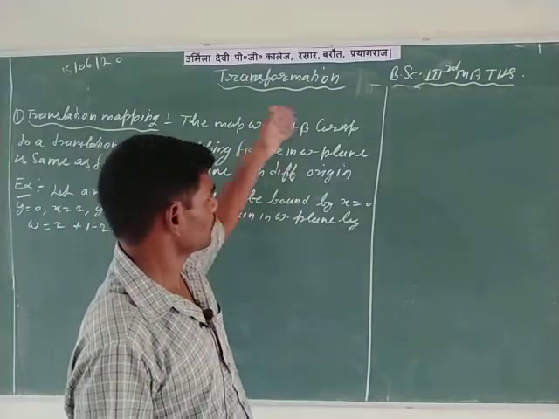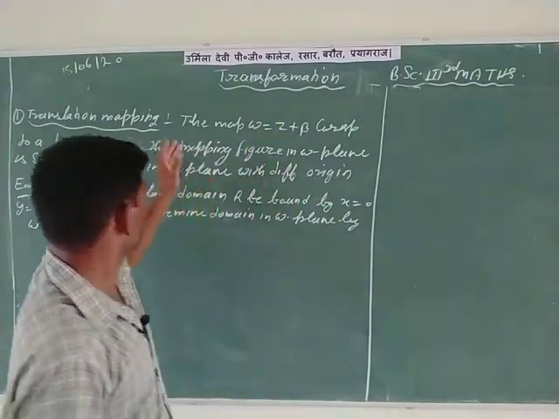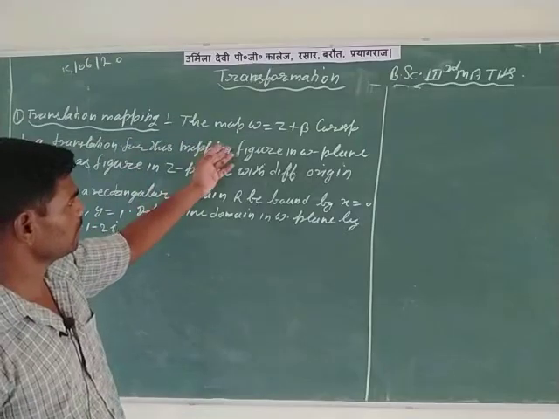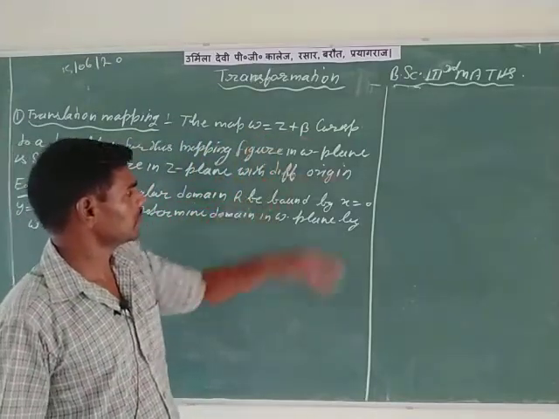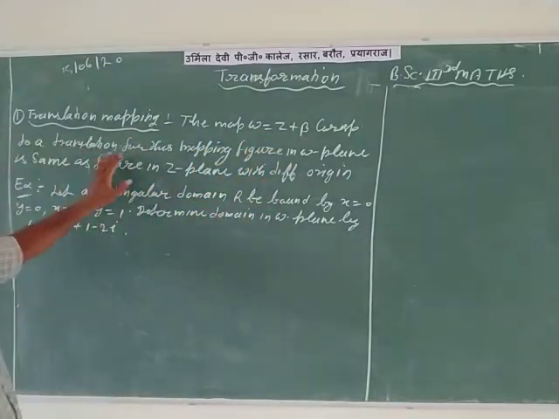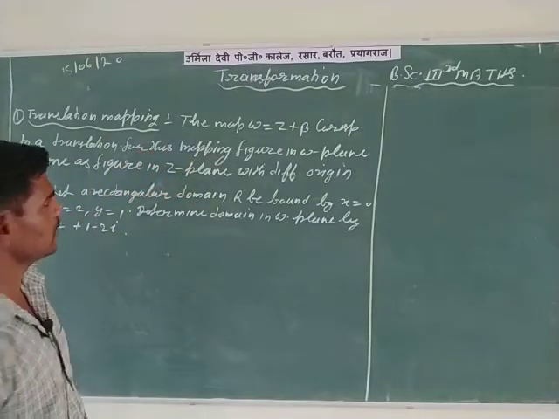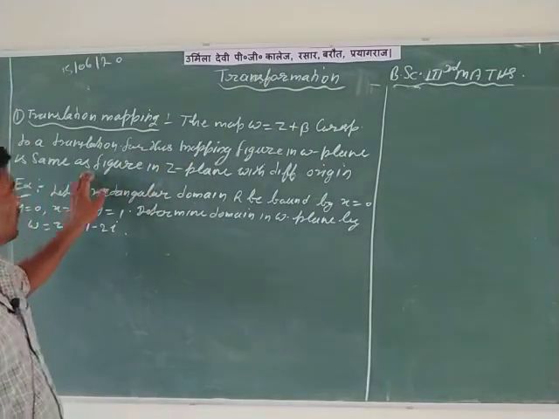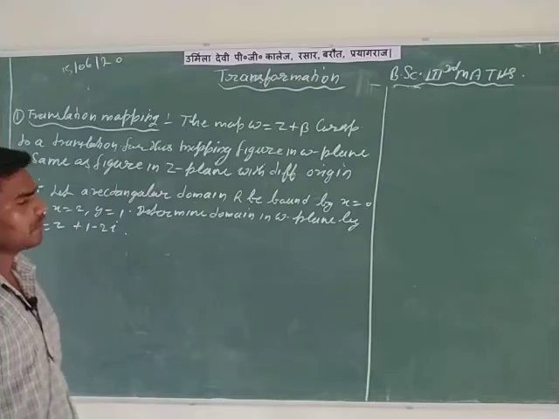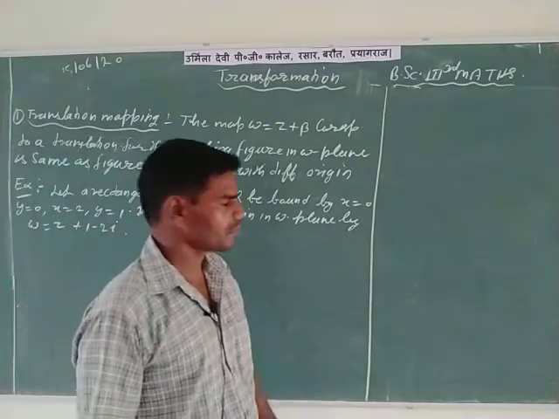By the definition of the translation mapping, W is equal to Z plus beta corresponding to a translation. For this mapping, the figure in the W plane is the same as the figure in the Z plane, but differs only by the origin.